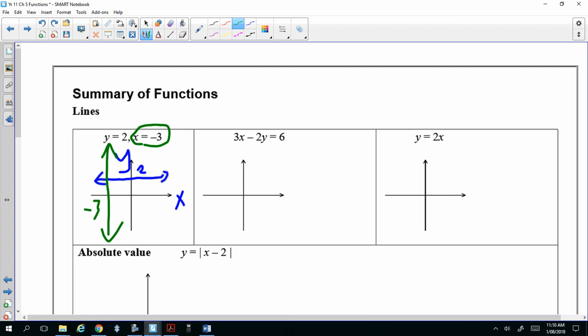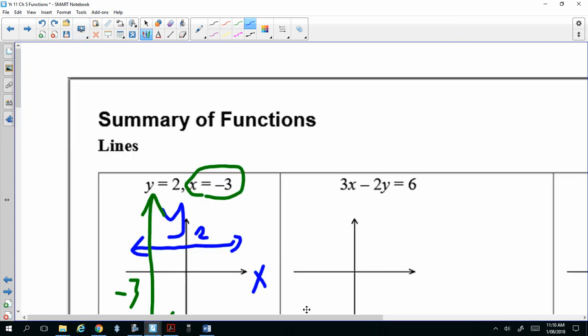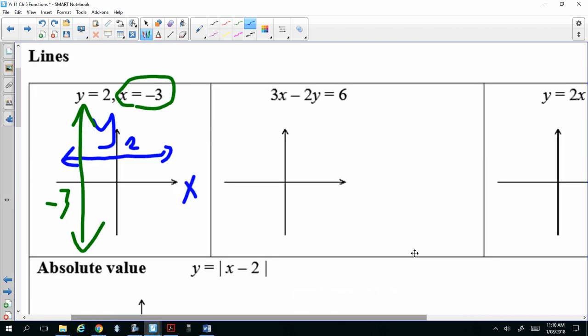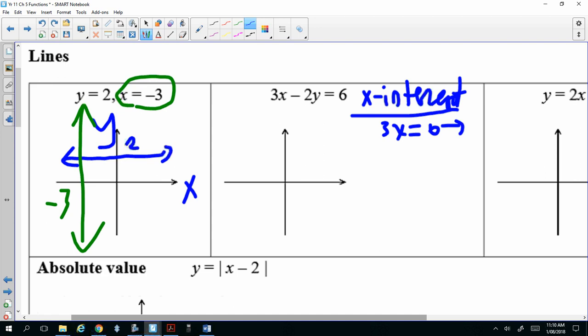The easiest way to draw is to find the x and y intercept. So x-intercept, that's when y is 0. Put 0 into y, you get 3x equal to 6, x equal to 2. And similarly, to get the y-intercept for x equal to 0, you should get y equal to -3. And you get a line.